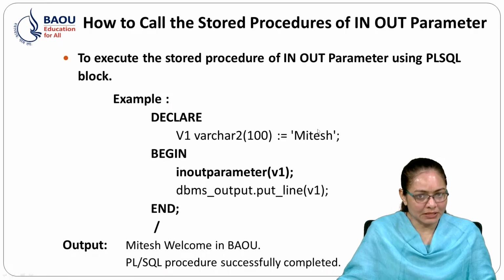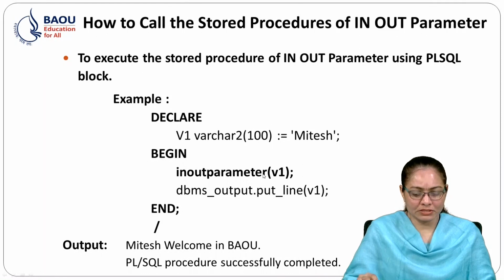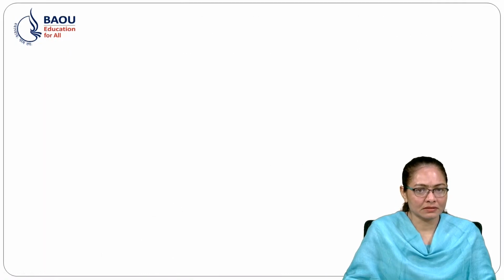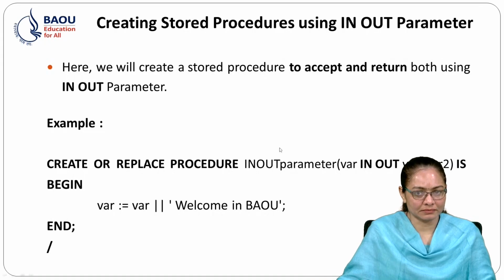So, this Mitesh value is stored in v1 and then we pass it in the procedure, which is passed here in this variable, and Mitesh is combined with the welcome in BAOU because of the pipeline.